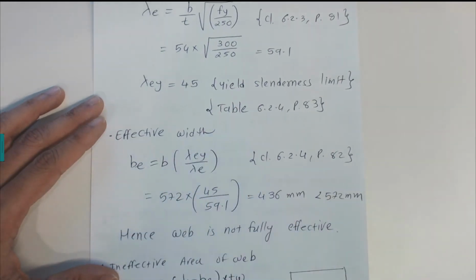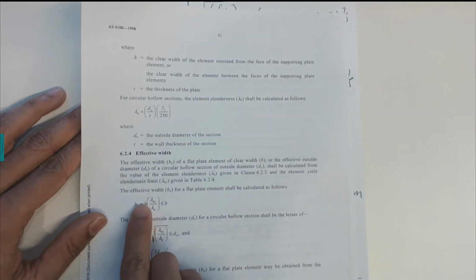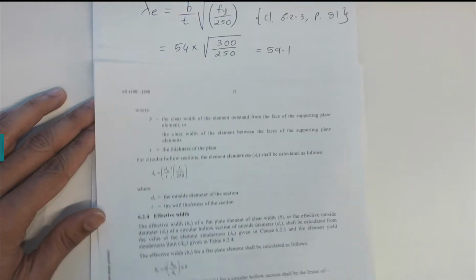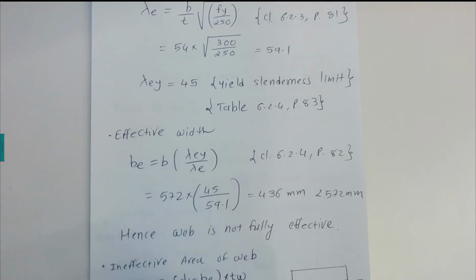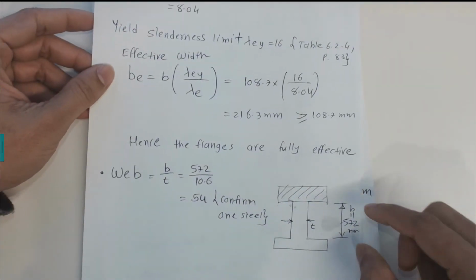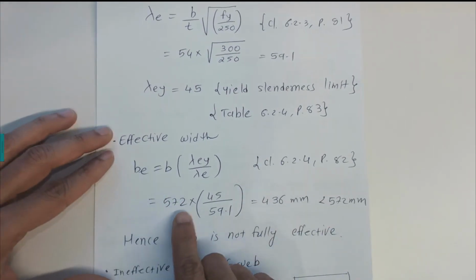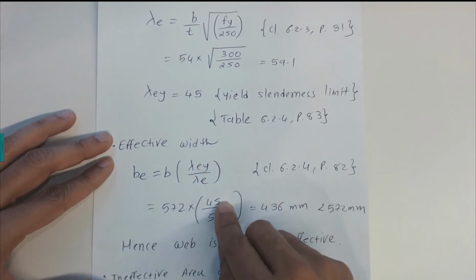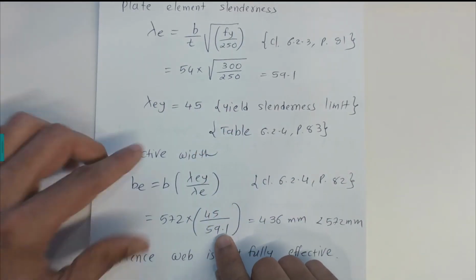Now effective width we can calculate from page number 82, where we have the effective width equation, B on lambda ratio. B is 572, which we obtain from the depth of the web, times 45, which we obtain from table 6.2.4, divided by 59.1.